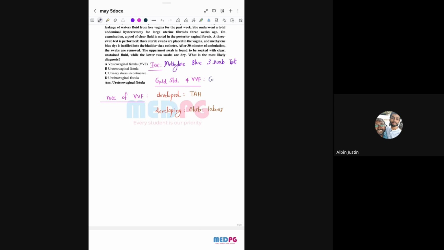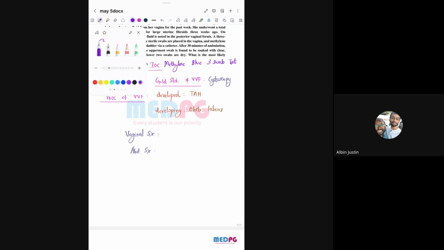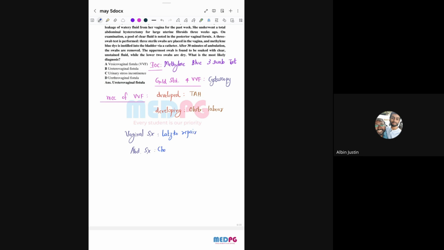It is cystoscopy. Vaginal surgery is the Flap repair, whereas abdominal surgery is the Chassar Moir technique or the O'Connor surgery.